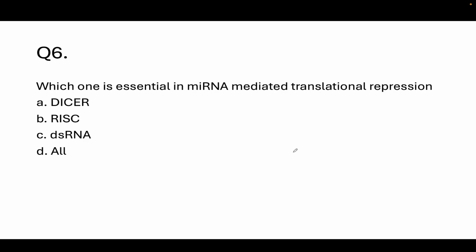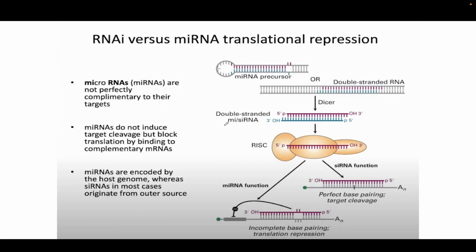Okay, let's discuss. We are talking about translational repression by miRNA or siRNA, that is microRNA or small interfering RNA. Here is the schematic representation where we can talk about both the functions, RNAi and miRNA.